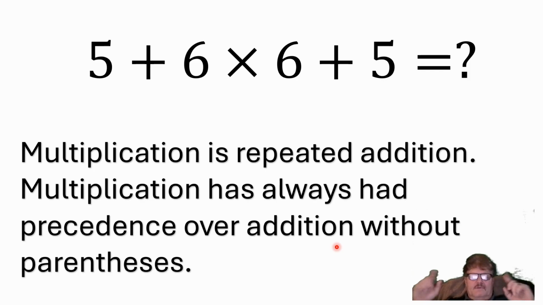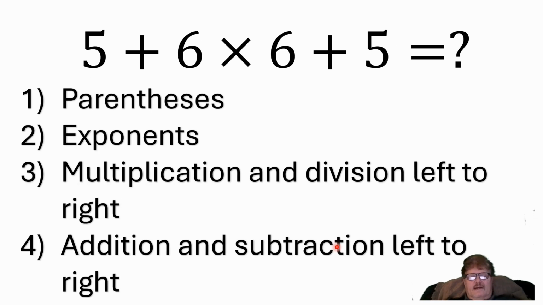But somehow people got a disconnect there thinking that, well, it's customary to put them around the multiplication just to highlight it, but it's not needed, and people confuse that, and they begin to think that it's necessary when it's not.